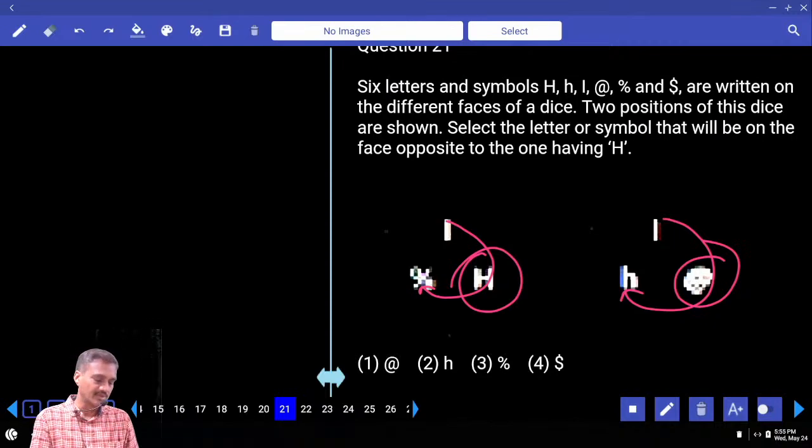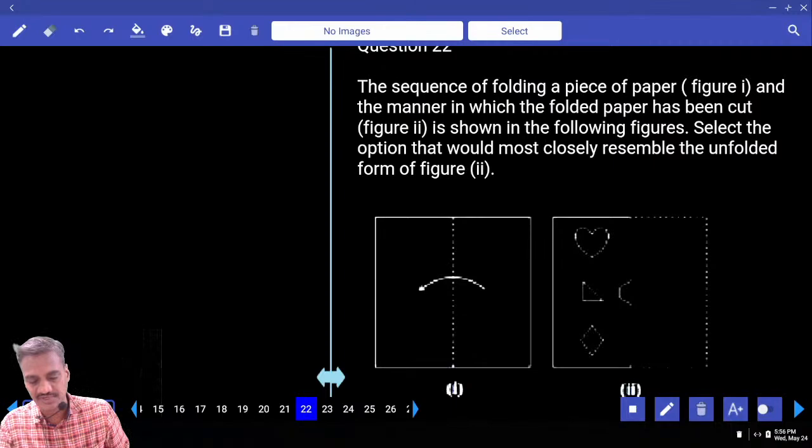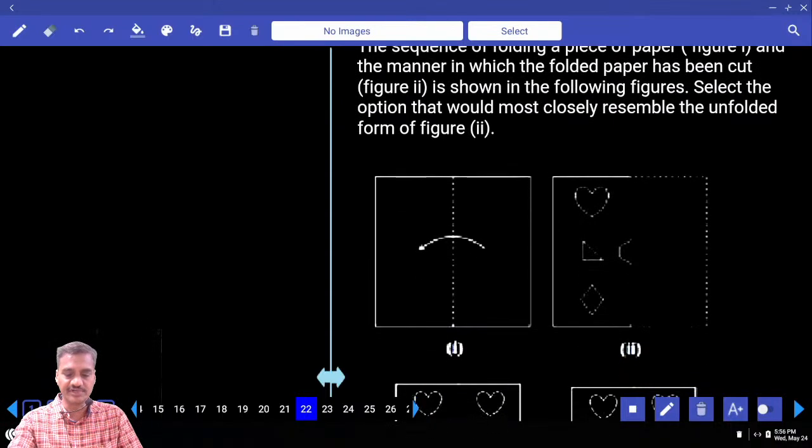Then coming to question number 22. Here the figure has been folded and cut like this. Then we need to find out the figure that comes like this. Now this is a triangle. When it is opened, from here to here we need to open like this.